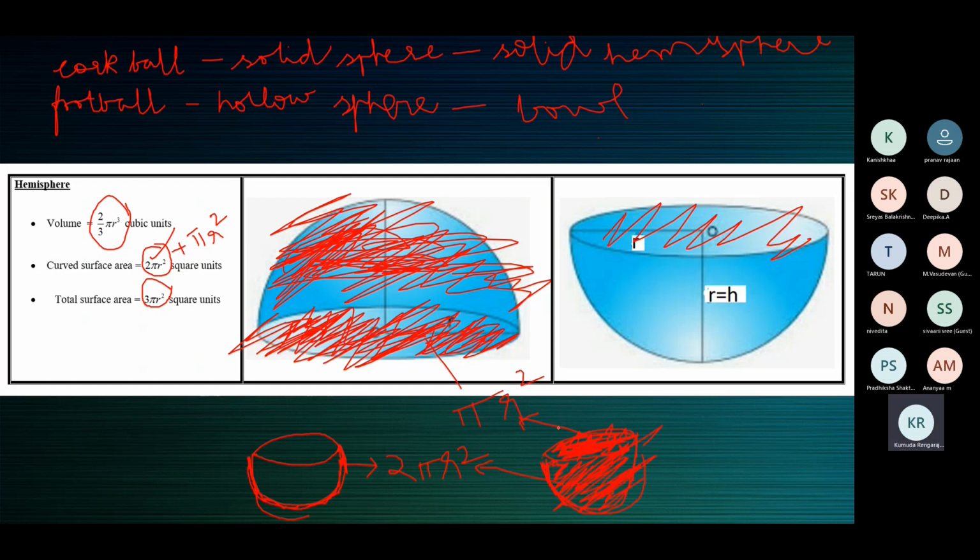A steel bowl is an example of a hollow hemisphere. Hollow hemisphere means it will be open at the top. The circular portion will be open. But when we say solid hemisphere, the circular portion is covered, is closed.